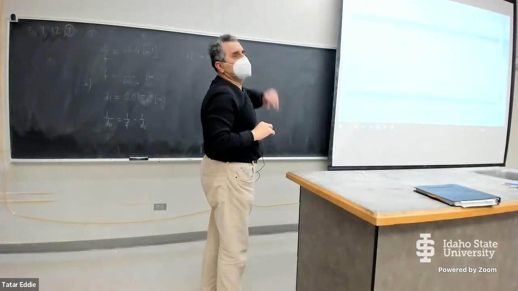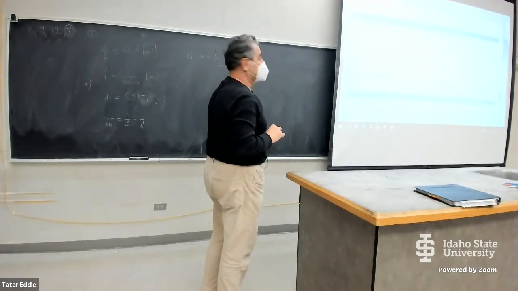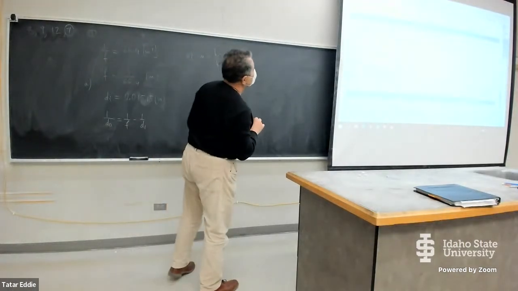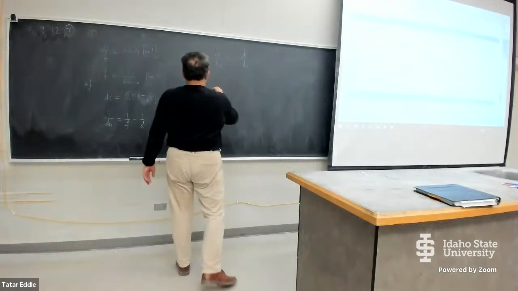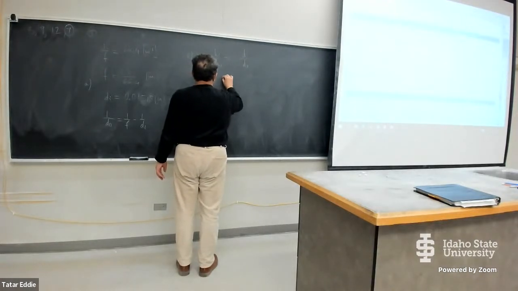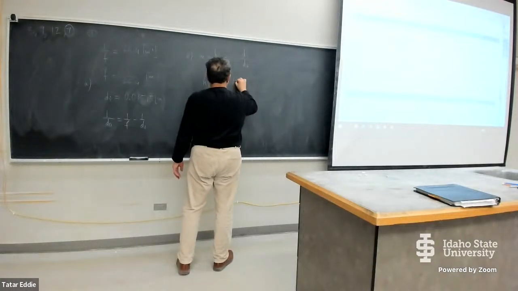So HI is equal to HO times negative DI divided by DO.